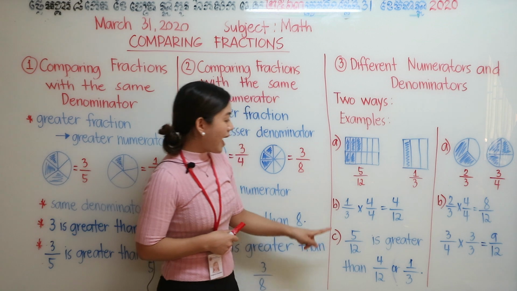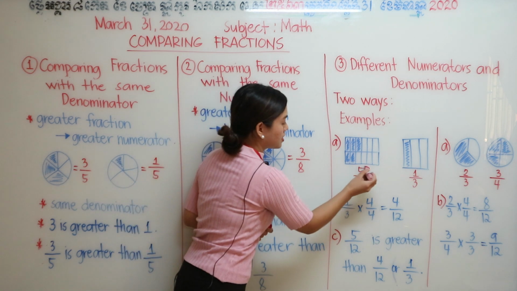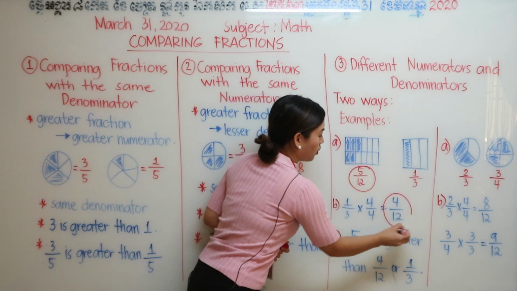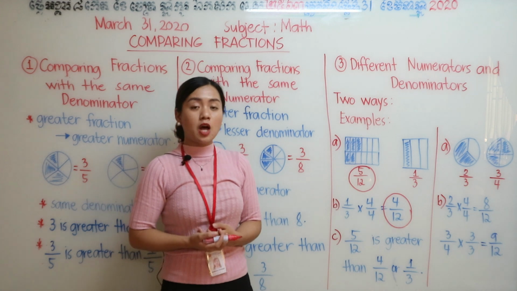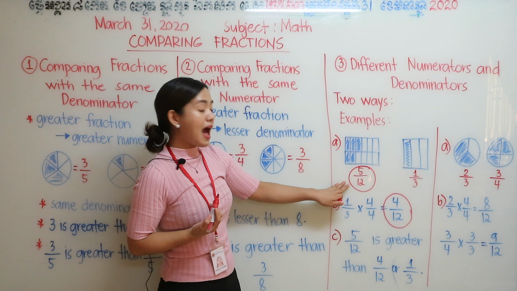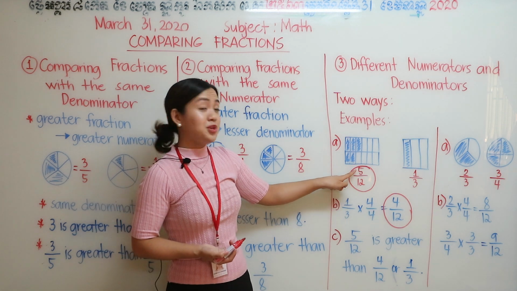Okay, so we have here 5/12 and 4/12. Now let's go back to the first rule. If they have the same denominator, all we need to do is to compare the numerator.